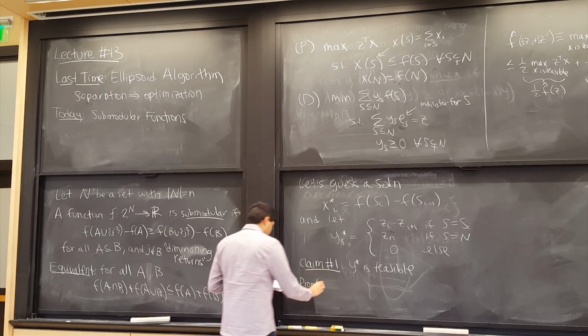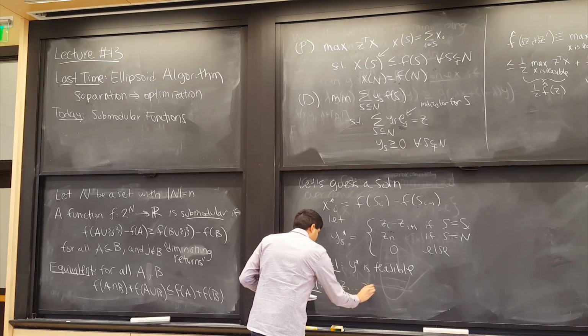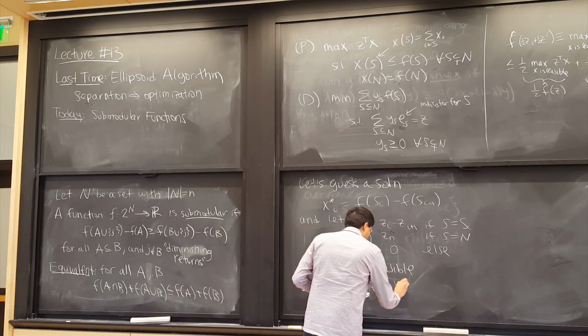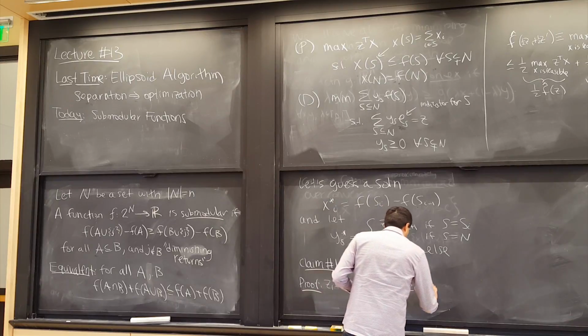Here's the idea for the proof. As I said, because these are in sorted order, this implies y_S star is non-negative everywhere.